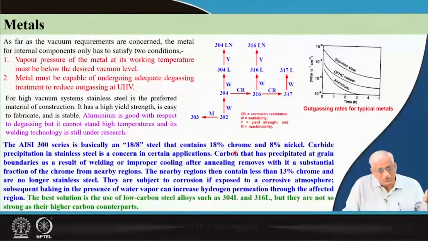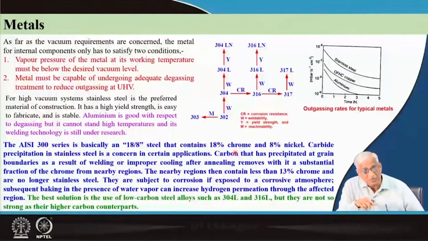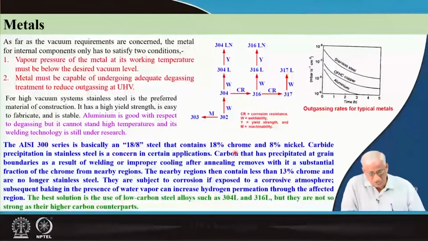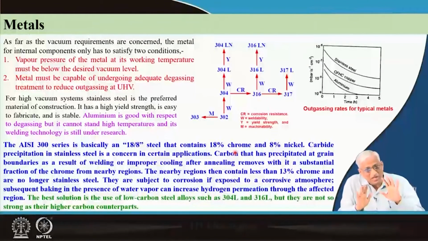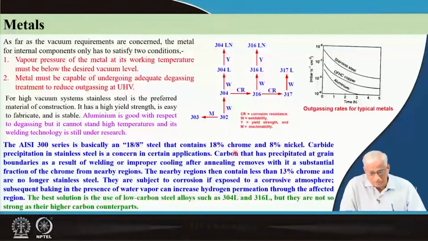You can look into website and Wikipedia, there is a huge amount of introduction given there. That I am not going to discuss, but this carbide precipitation results in hydrogen permeation, and vacuum compatibility is going to be poor in some situations. Okay. So, you should be careful in handling carbide precipitation.